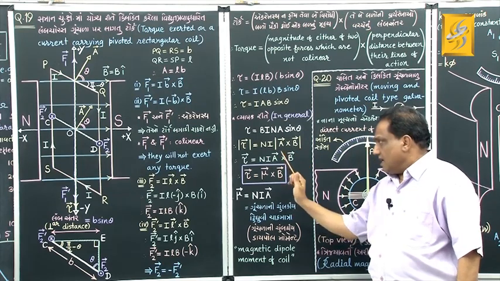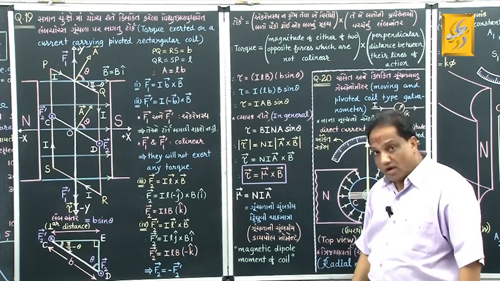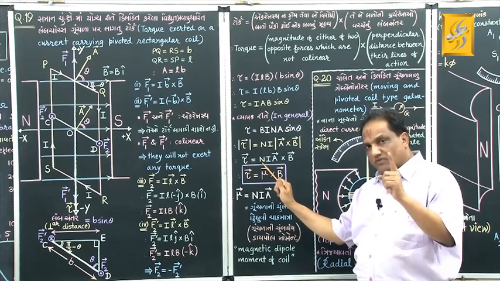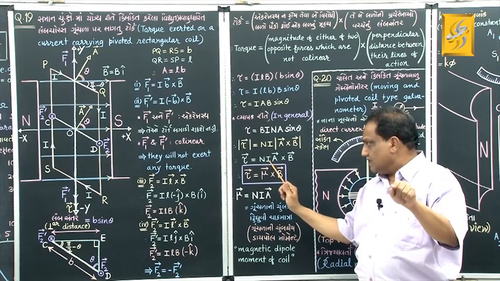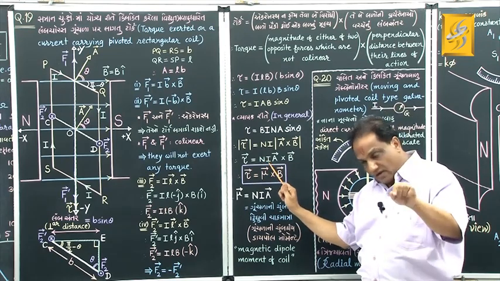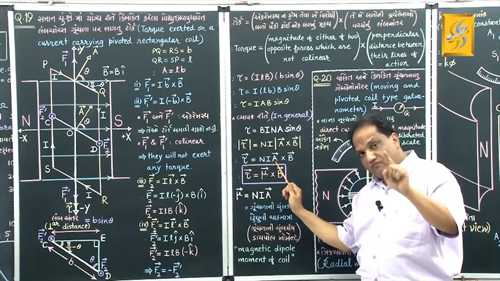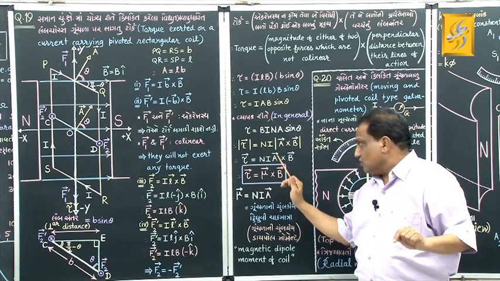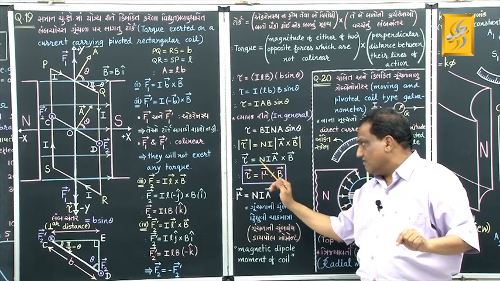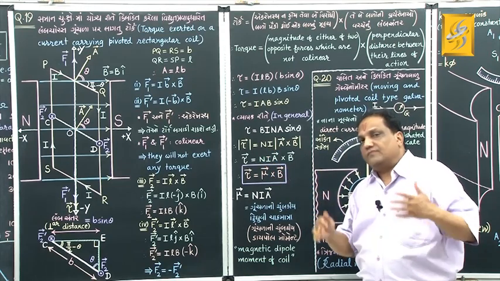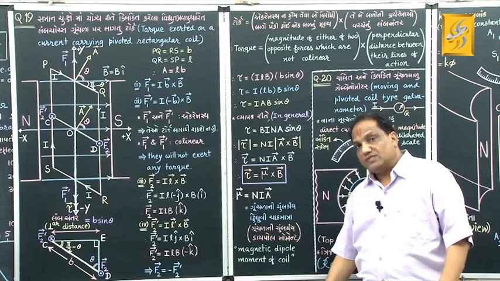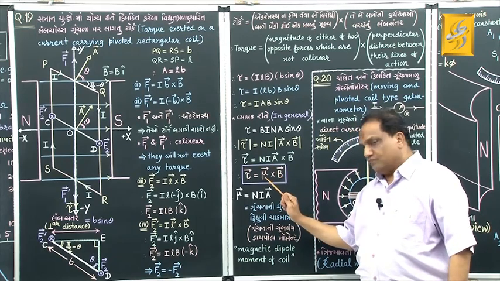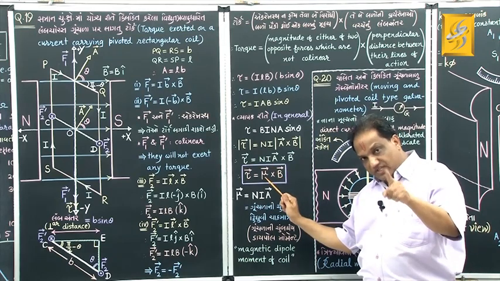Correct? Now this part is pertaining to a given coil, because this is the total number of turns in a given coil. This is the current passing through the given coil. This capital A is the area of one turn of the given coil. So this whole part is pertaining to a given coil. Then we just replace it by another symbol, vector mu, which is given a specific name.